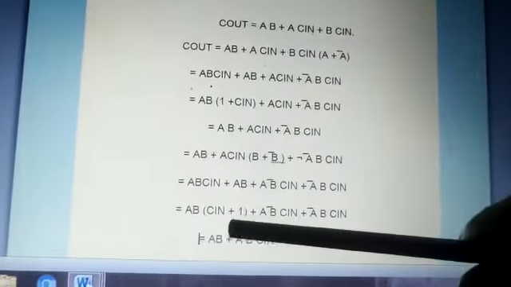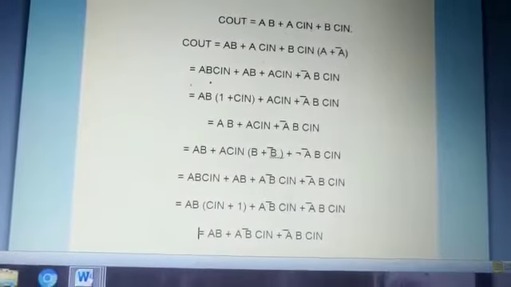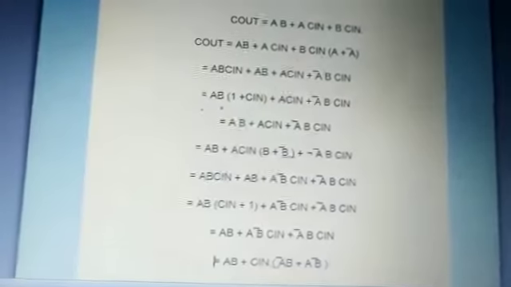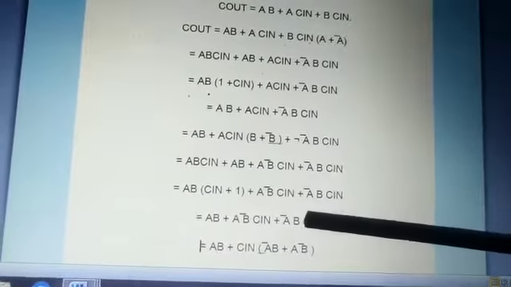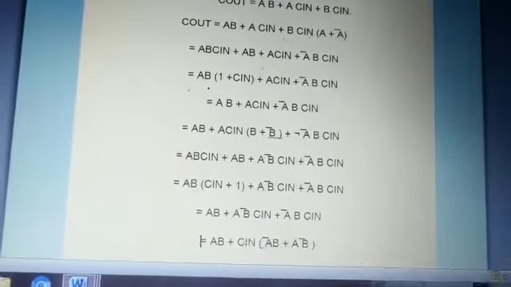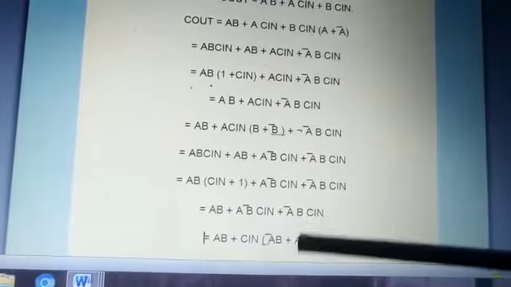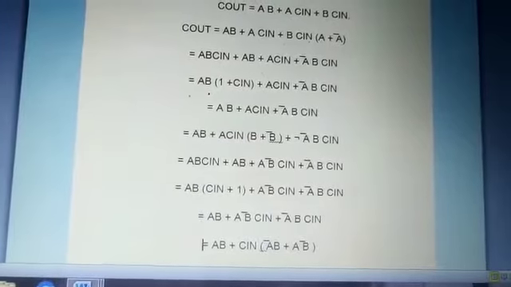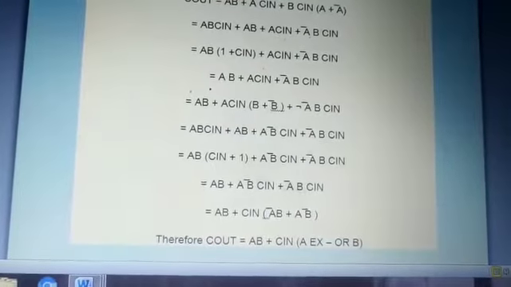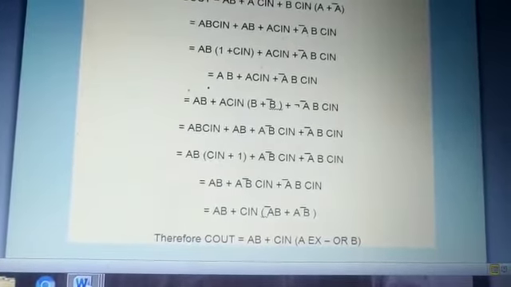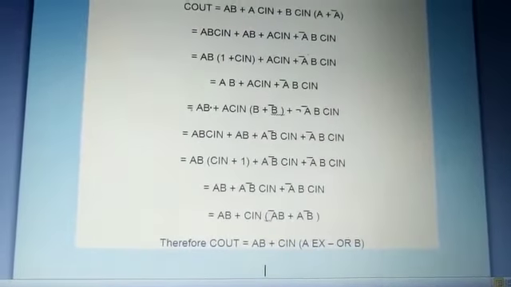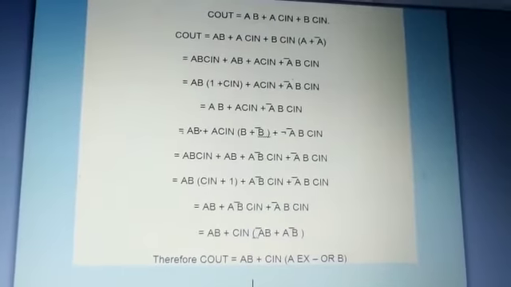So AB plus A B bar C in plus A bar B C in. Again from here I take C in as common. If I take C in as common, what is left is A bar B plus A B bar. This is the expression for the XOR gate, and we are getting our final result. Thank you, student. I am ending my lecture.